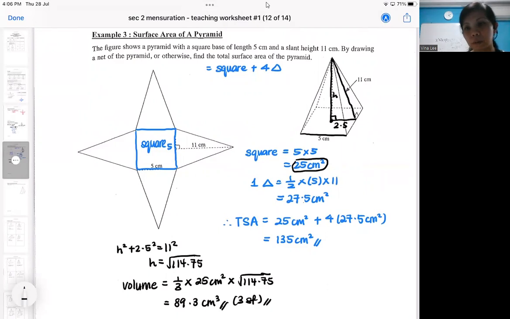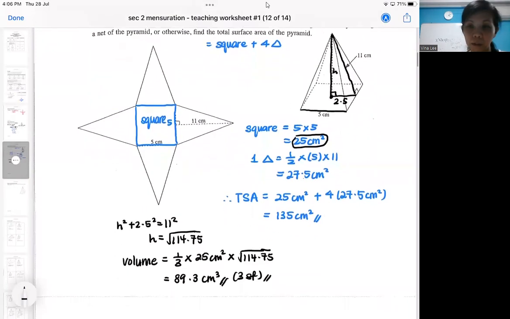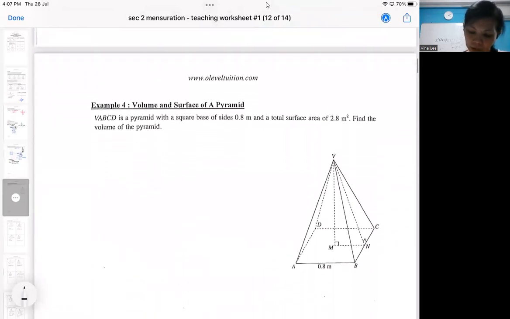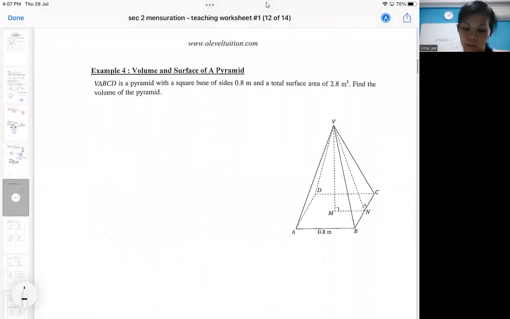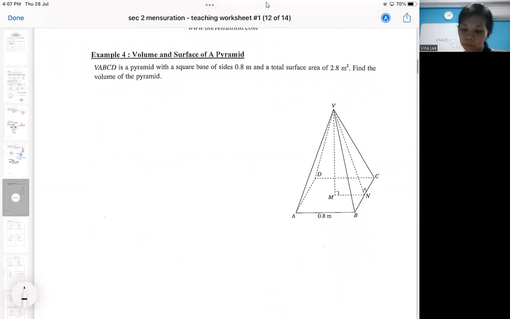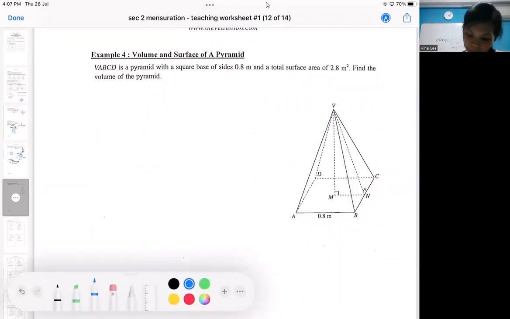Okay, so this one will have a bit of Pythagoras in the pyramid. This is the one that's very similar to what we just went through, but it's a bit more difficult. So we've got the square base.